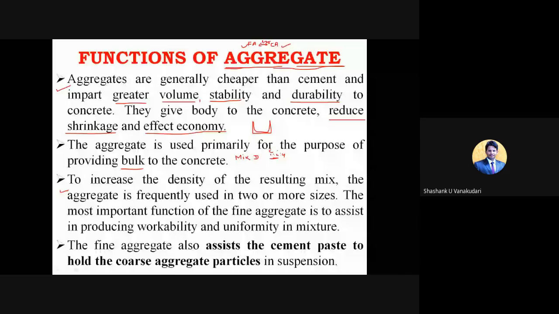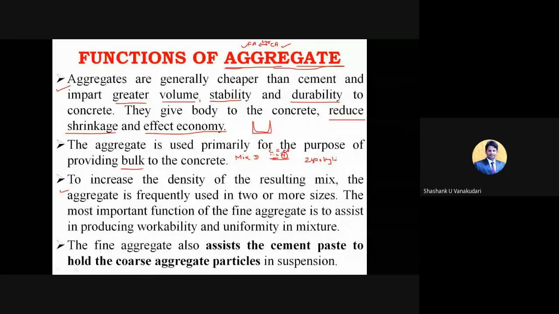Clear? So in this, the major part of the mixture is consumed by the coarse aggregate. Clear? To get the proper density, I mean the density of the concrete, that is 2400 kg per meter cube.